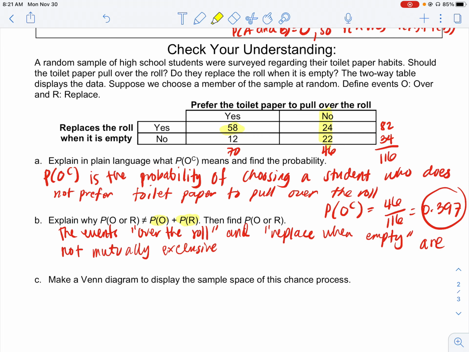This 58 people is a yes and a yes. Not mutually exclusive, meaning the formula would be P of O or R is equal to P of O plus P of R minus P of O and R.